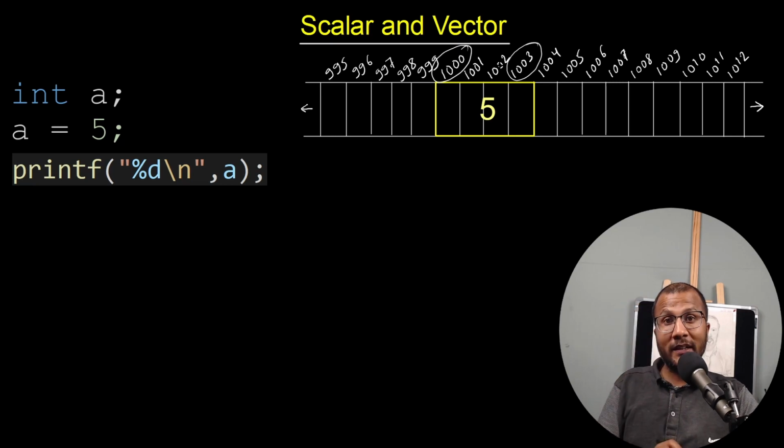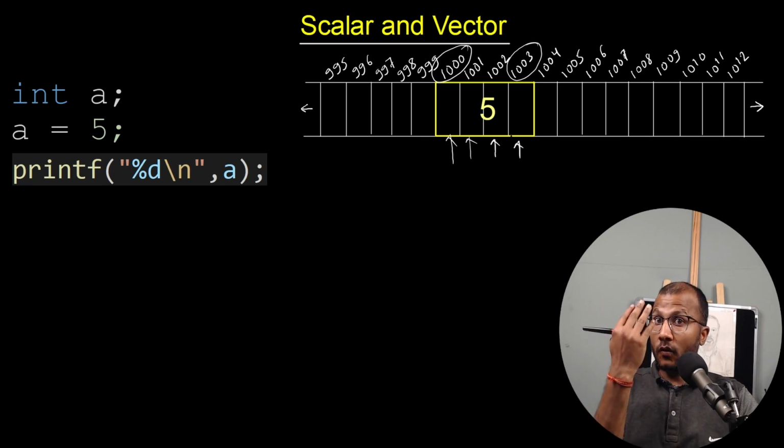Here I am assuming that an integer takes 4 bytes of memory. So 1000 is the first byte, 1001 the second, 1002 the third, and 1003 the fourth. So it occupies 4 bytes in memory and its starting address is 1000.